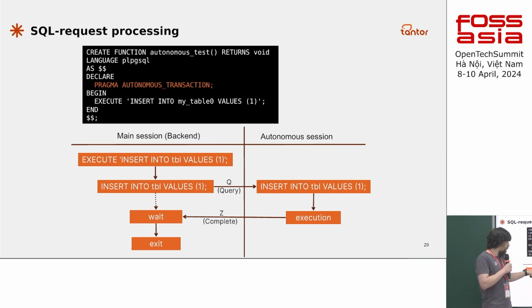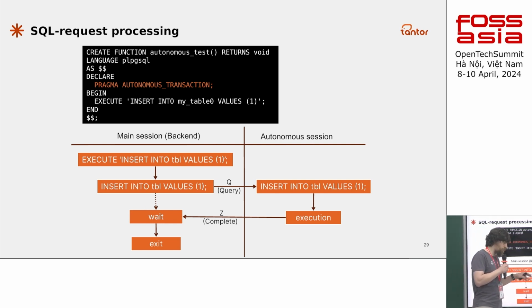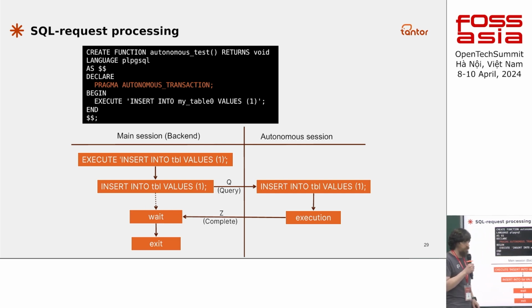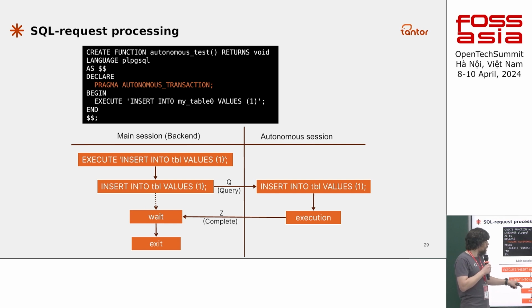The insert command is extracted. This command is sent to the autonomous session. It was executed there, and then the command Z is sent back. It means complete, and the main session continues its execution.